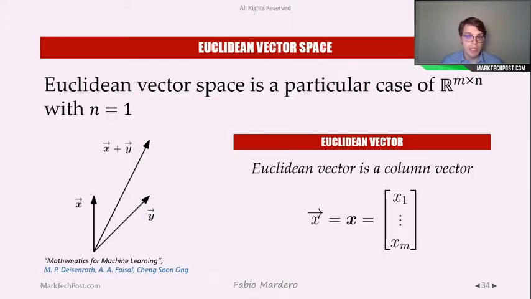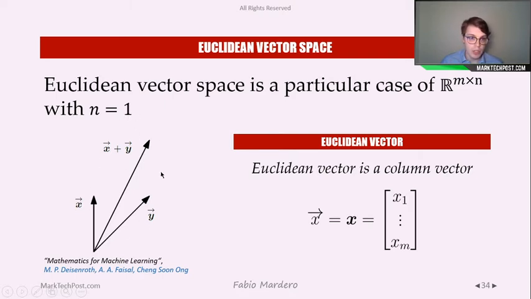Also, the Euclidean vector space that we proved before is a vector space, is a particular case of the matrices vector space, since the Euclidean vector space can be written as R^(m×n) with n equal to 1.